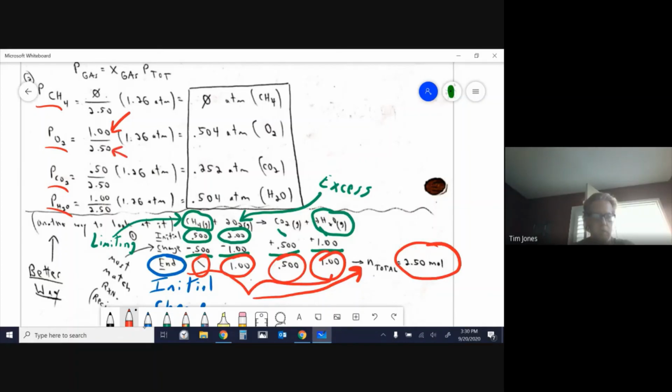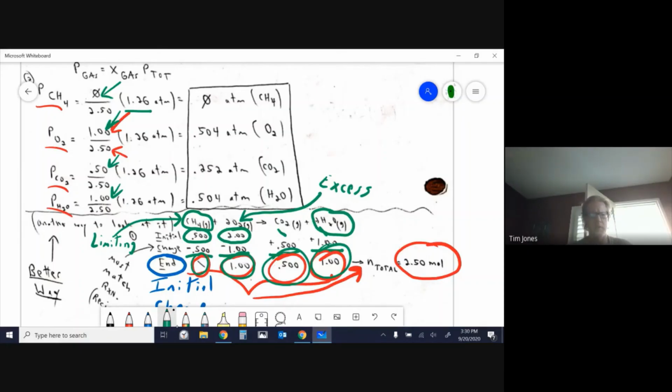So notice I took the 0, 1, 0.5, and 1. And that's what I have on top here, here, here, and here. You divide them all by the total, and notice it's always the same, 2.5, and you multiply by the total pressure. This 1.26 was mentioned in the original problem, and this gives you the pressure of each chemical once the reaction's done.